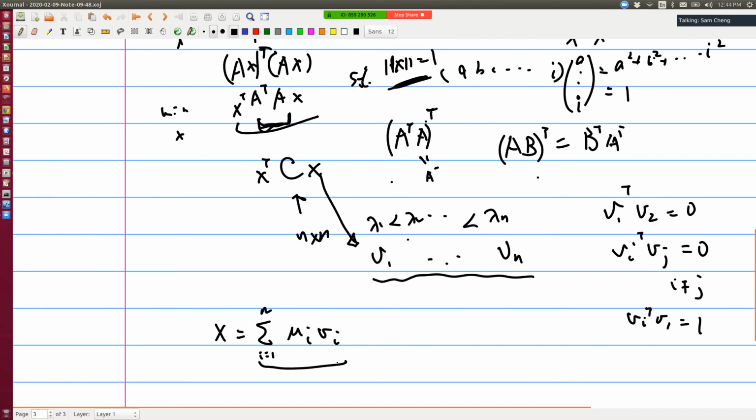So now if I represent x as this, I can look at what the norm of x is. The norm of x is equal to, I have an inner product, so I can write the sum over i equal to 1 to n of mu i vi, transpose, times the sum over i equal to 1 to n of mu i vi, right?